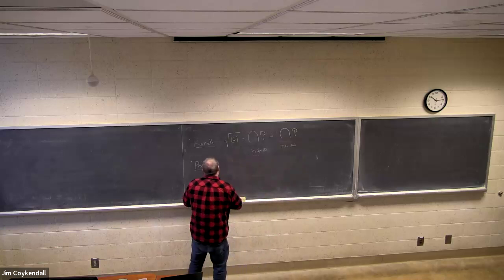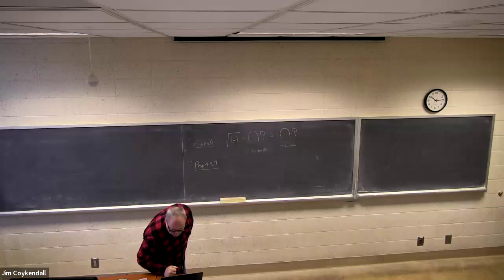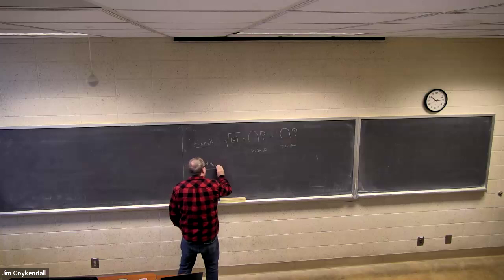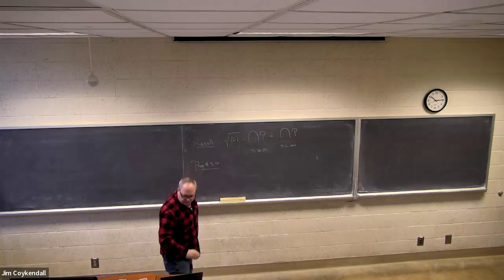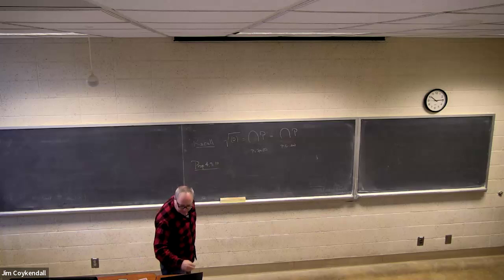Proposition. This is one I wanted first. Oh, it is. R is commutative with identity. I is an ideal.